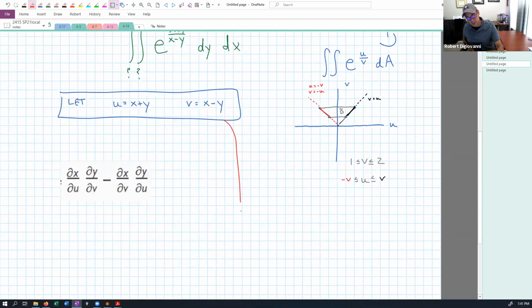So I'm just going to do the same thing we did before. Let's solve the first one for x. So if I solve that first one for x, I get u minus y equals x. If I solve the second one for x, I get v plus y equals x. So I'm just taking both of those, solving them both for x, and setting them equal to one another.